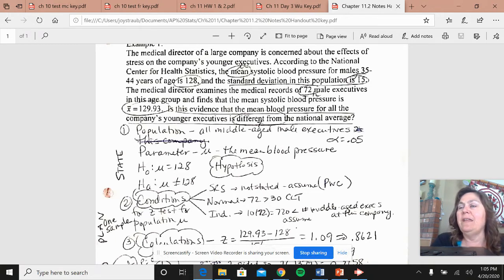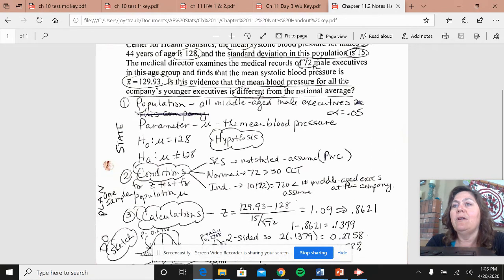It's just all middle-aged executives. The parameter, and you could have put the exact age, 35 to 44. The parameter is your mean blood pressure, or you could have said mean systolic blood pressure. But as long as you have mean in there in context, we talked earlier about the H0 and the Ha for your hypotheses.